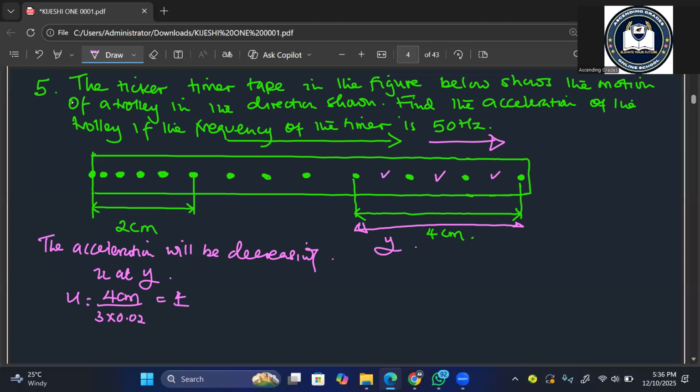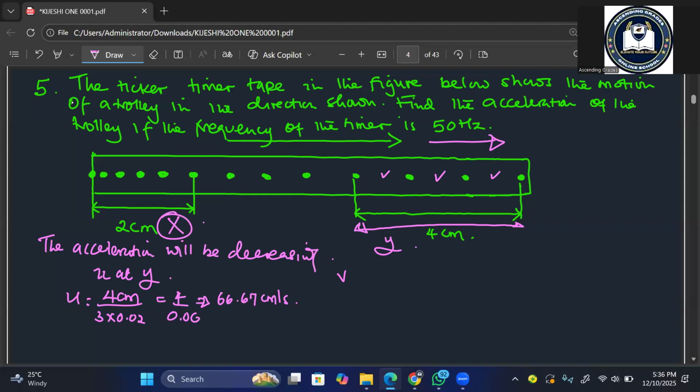This is 4 divided by 0.06, and it will leave you at 66.67 centimeters per second. Now I can call this one to be at X. So now you can look at the final velocity.